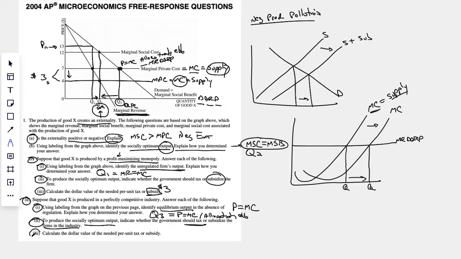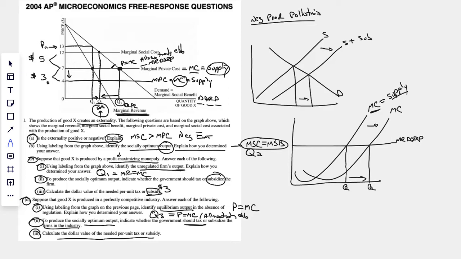And then they want us to calculate the dollar value of the needed per unit tax or subsidy. So we should just understand that to get this private cost curve or this demand curve here to shift, if this is a perfectly competitive firm, we want this to go up. We want to tax this by that $5.